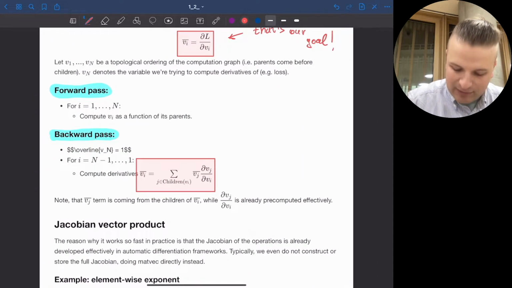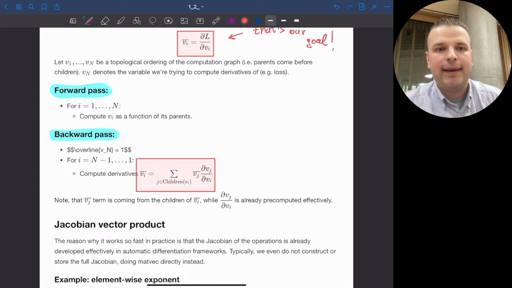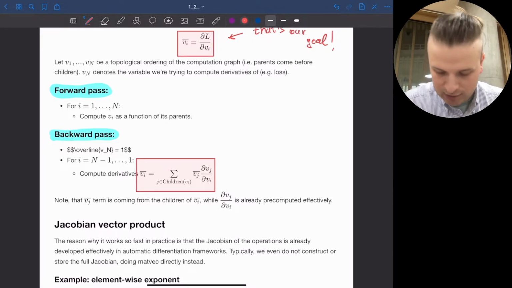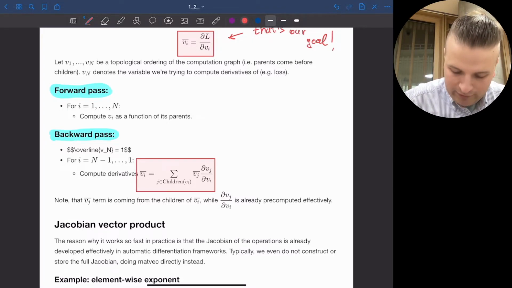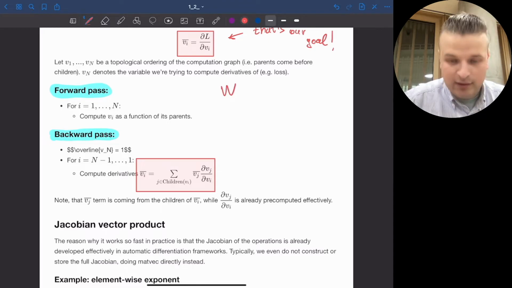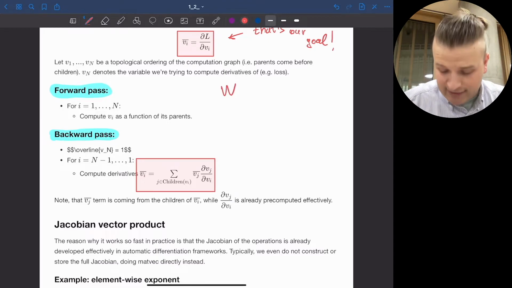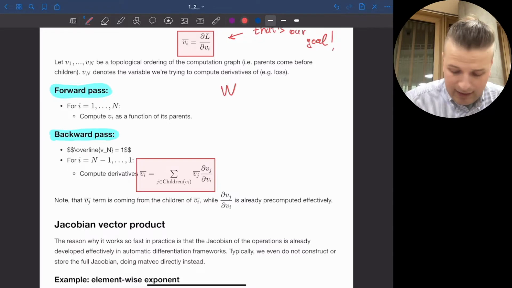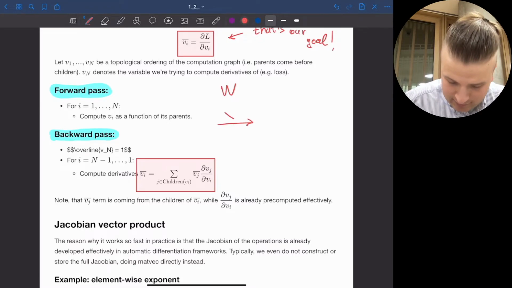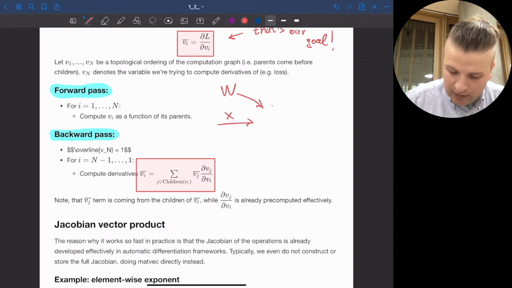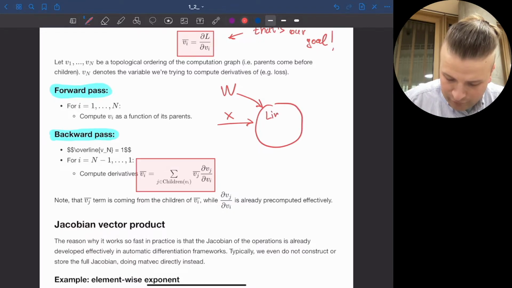We have here some linear transformation. Let's say a very simple linear layer: we have a matrix of weights here, and an input signal x. Here we have a linear layer of a neural network.